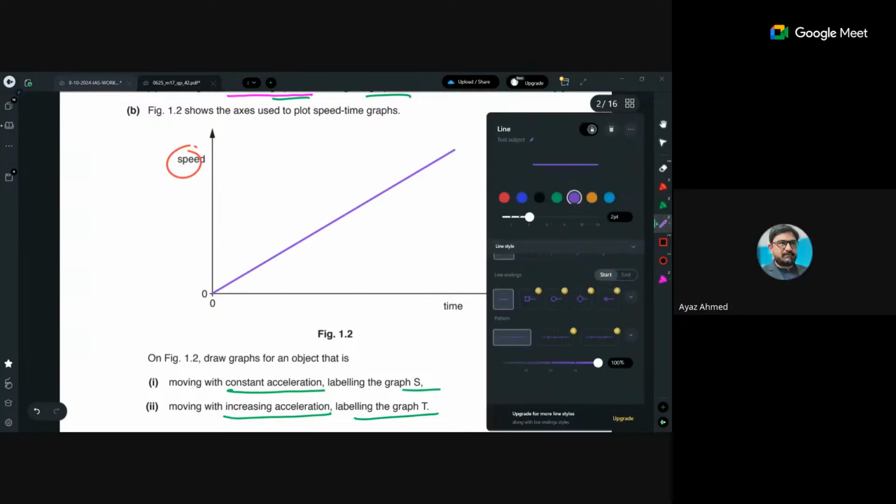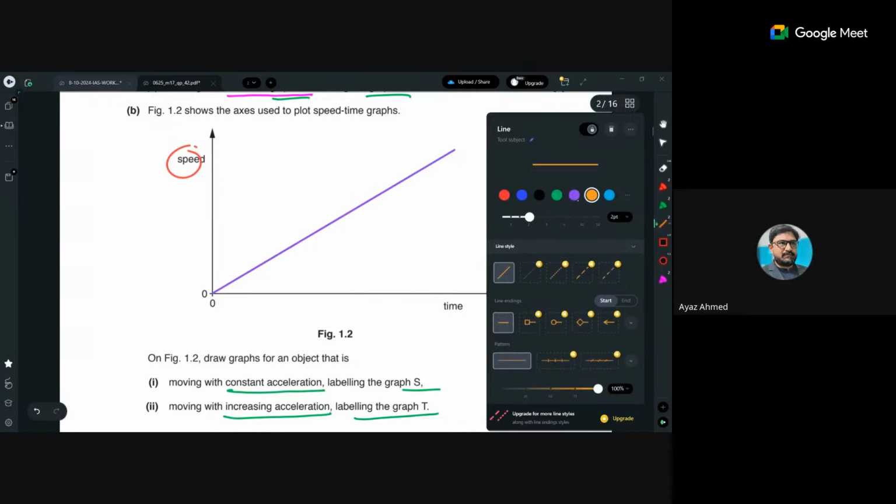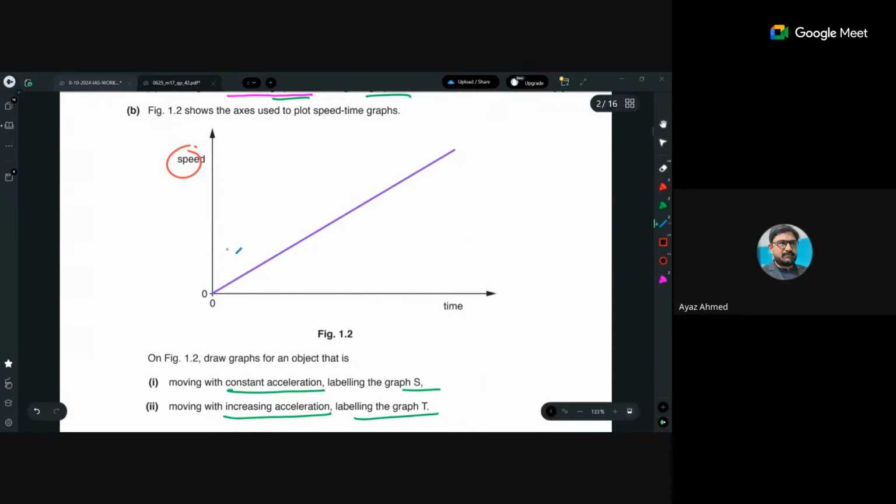Because it is not mandatory that the object is starting from rest. So that can be any graph with any steepness, starting from anywhere. But it must be a straight line, starting from any position.